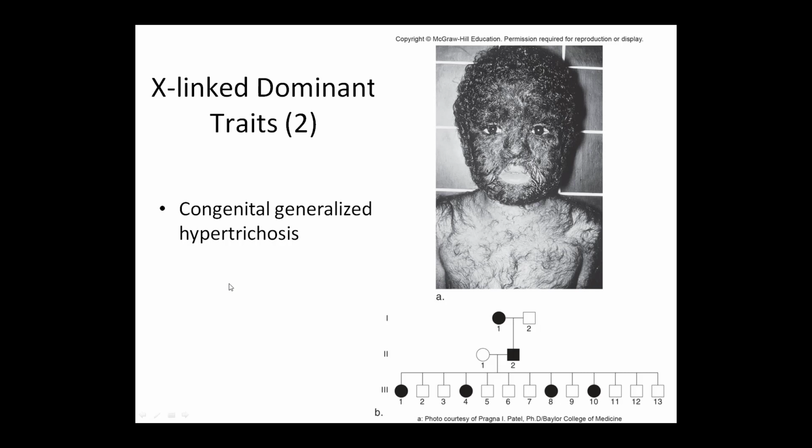Basically, in women, they would have one affected X, one X that has the mutant allele, and it would give them a lot of facial hair. In this condition, the hairs grow very close to each other, and this is why it results in this very dense hair appearance, and in males it's even denser.